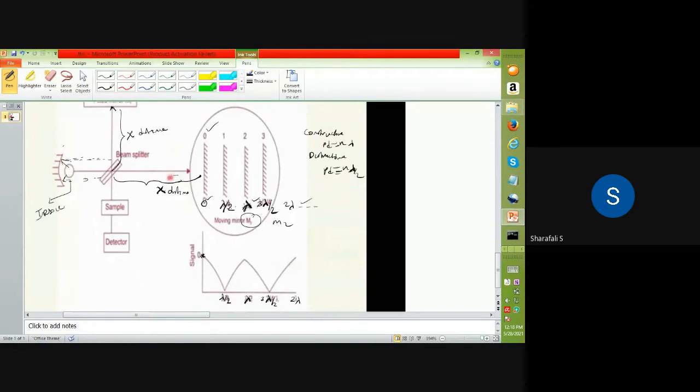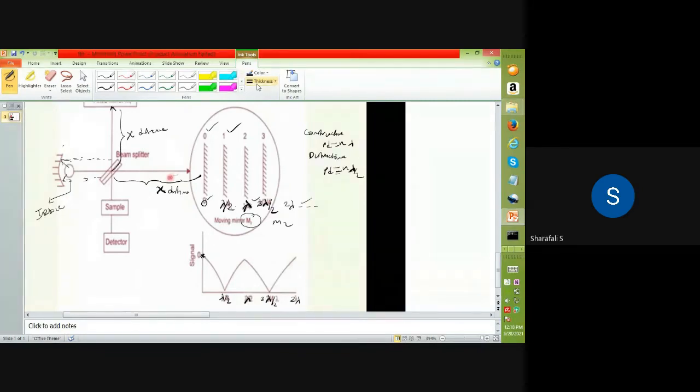Now, consider the lambda by 2 position, that is position 1, where the mirror M2 is moved by a distance of lambda by 2. So now we have x distance from the beam splitter to M1 and x plus lambda by 2 to M2. The distance in the direction of M2 has increased by lambda by 2.